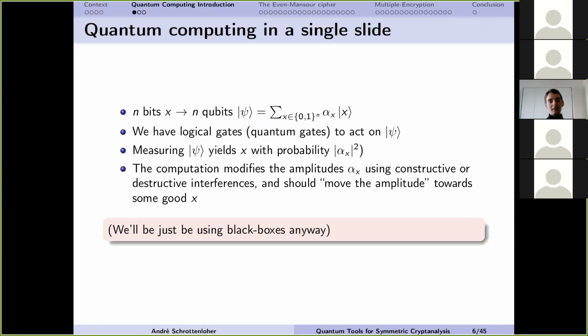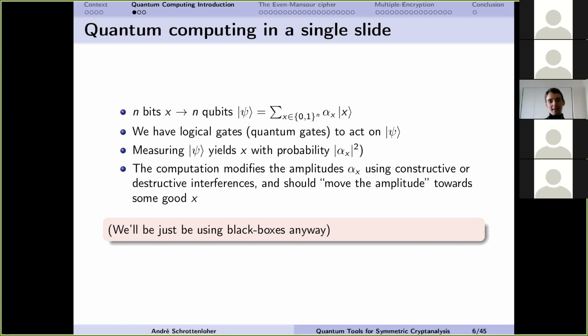So, a little introduction to quantum computing. And this is a slide that I actually don't really need. I can go into the details and say how we define the quantum computation model with the help of quantum circuits. So we have our computation state, which is made of qubits instead of bits. A state made of n qubits is represented with 2 to the n complex numbers, which are called amplitudes.